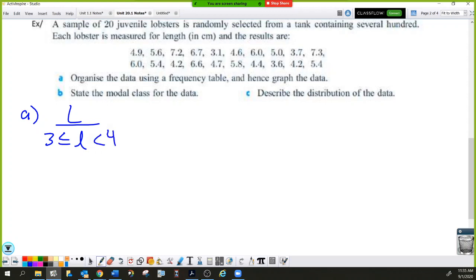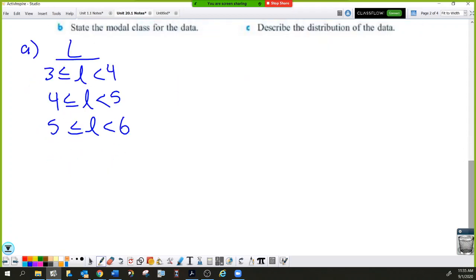And then from 4 to 5, so on and so forth. 5 to 6, and took it all the way to 8. My table is going to be large. Because the largest number on here is south of 8, right? 7.2 is the largest one.